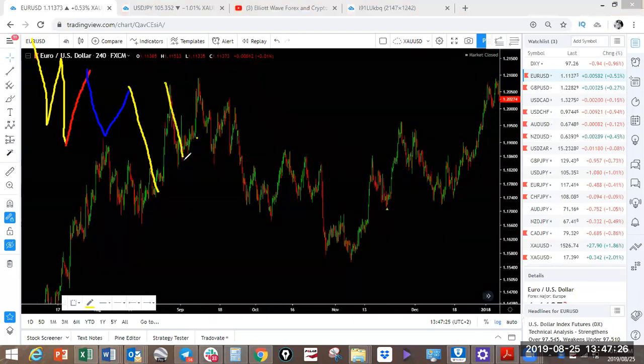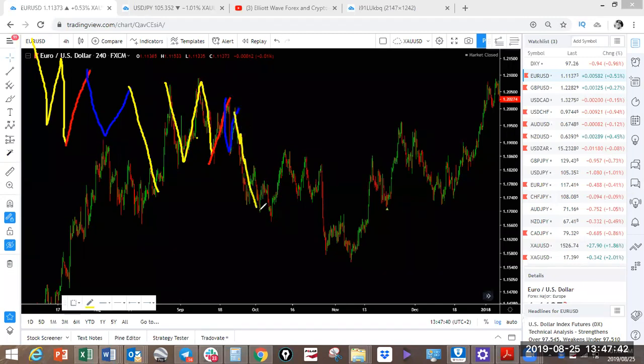You've got 1, you've got 2, you've got 3. Pull back in red. What does the blue do? It drops and pulls back. What happens after that? You drop. So this was this pattern here.